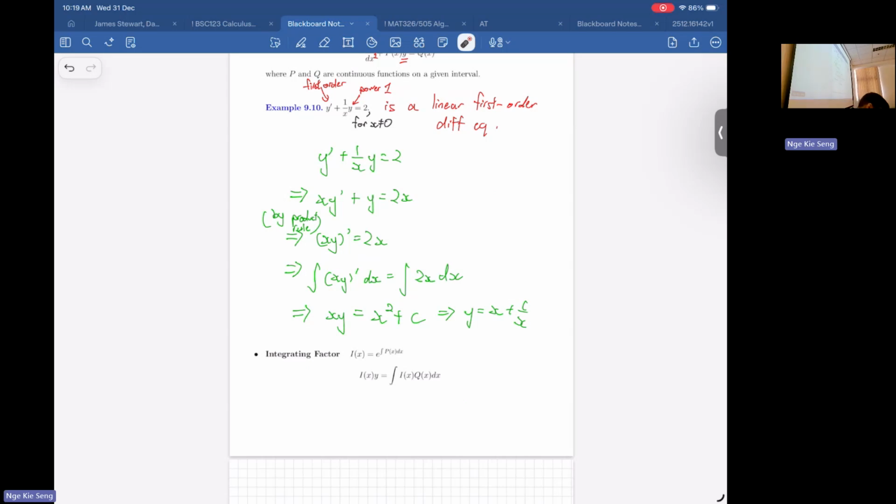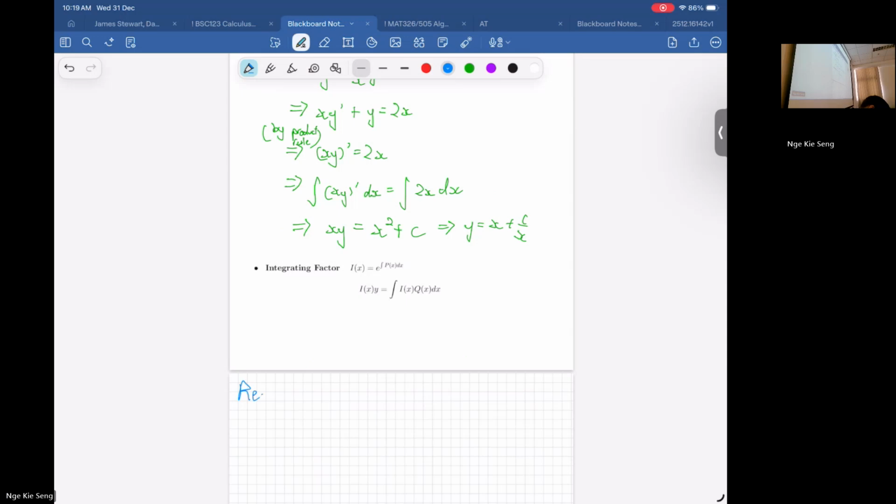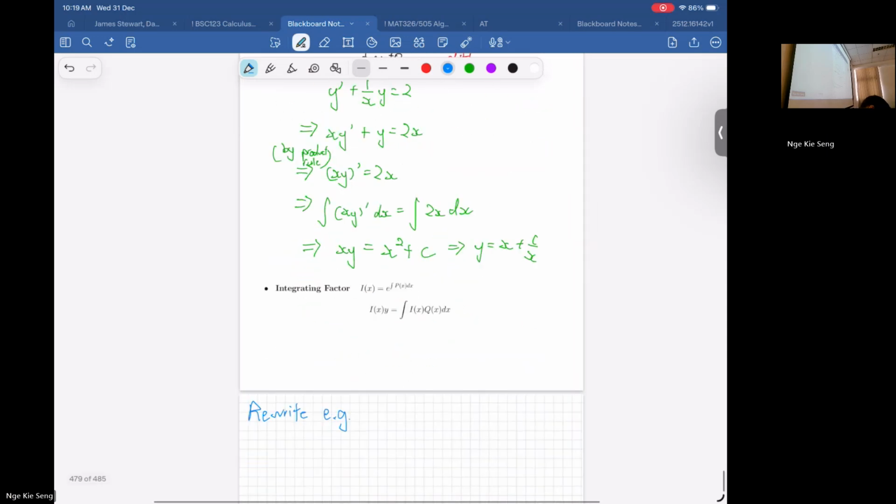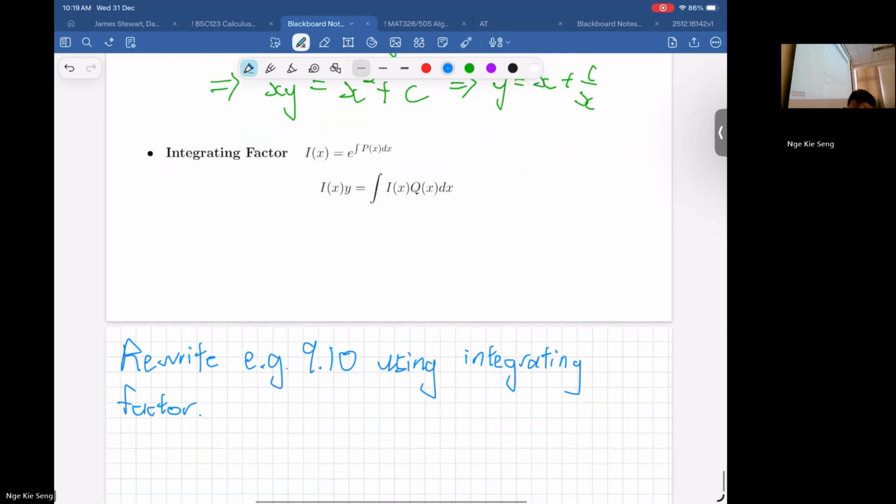Maybe we rewrite. Example 5.10. Let's see how it works here.